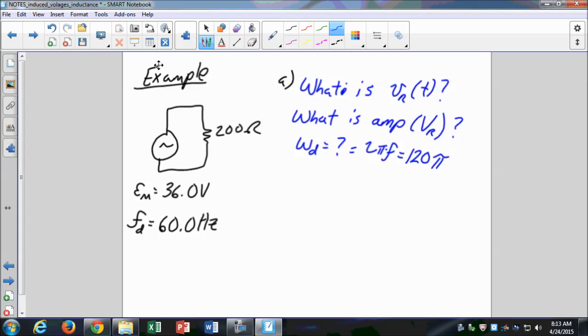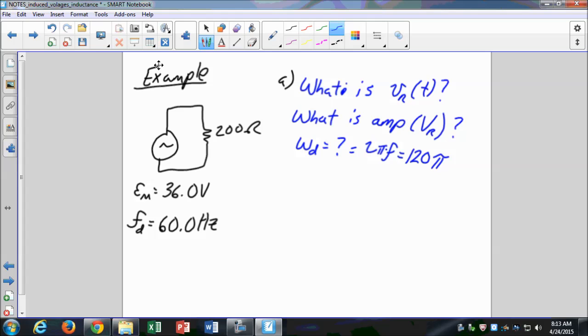Alpha, Beta, Gamma, Delta, Epsilon, Zeta, Eta, Theta, Iota, Kappa, Lambda, Mu, Nu, Xi, Omicron, Pi, Rho, Sigma, Tau, Upsilon, which is my favorite Greek letter, Phi, Chi, Psi, Omega. That's the end of the alphabet.